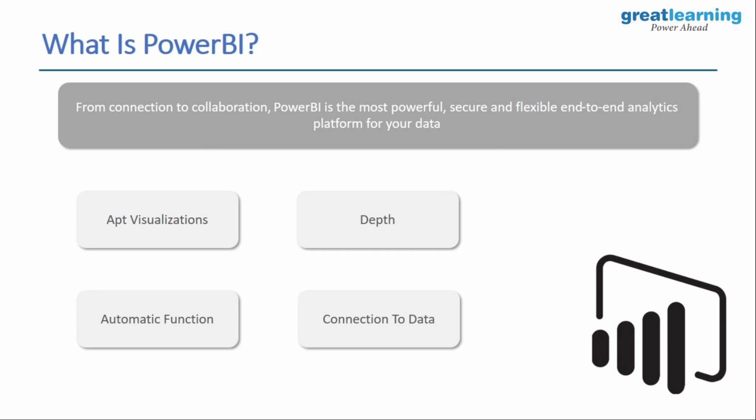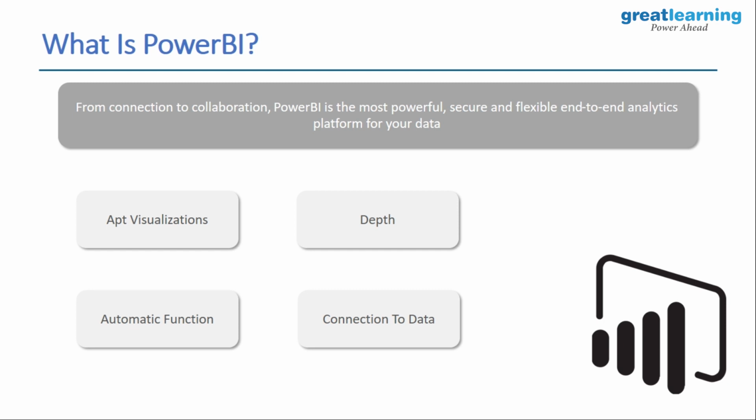So when you take a look at the definition, Power BI is a tool which basically lets you control quite a few things, right? Be it from connection to collaboration, Power BI is the most powerful, secure, and flexible end-to-end analytics platform for your data.